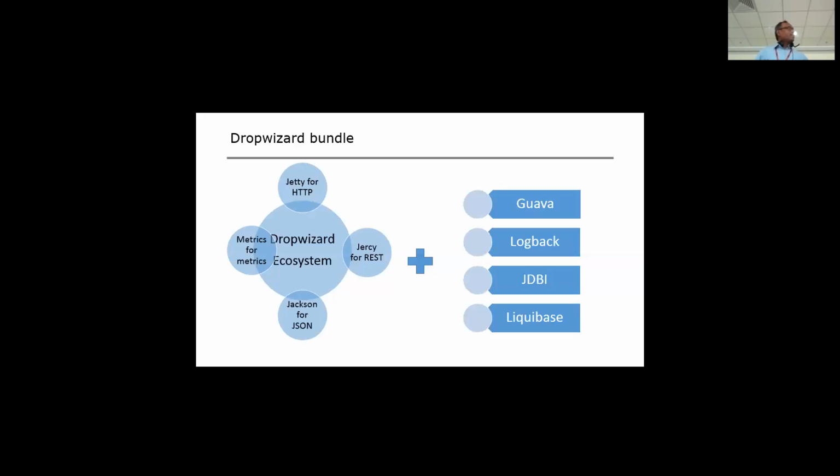And it also includes a new library, JDBI, which I came across for the first time when I started using Dropwizard, which we'll see a little bit further. And another unique thing that I've seen in Dropwizard was Liquibase, which is a source control system for databases.